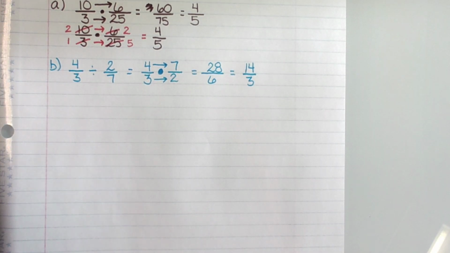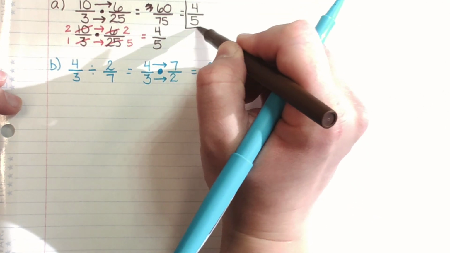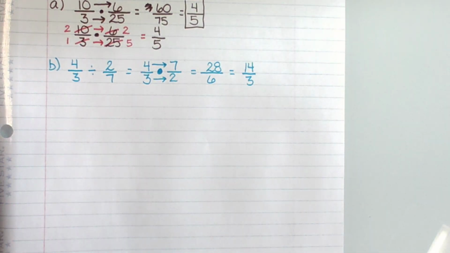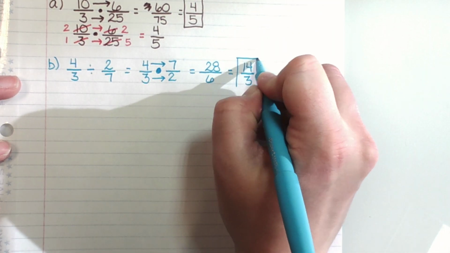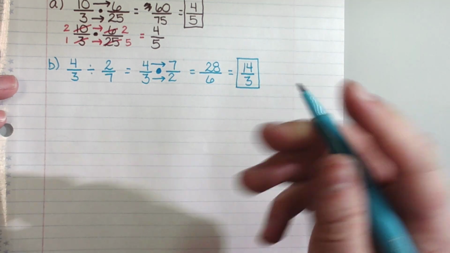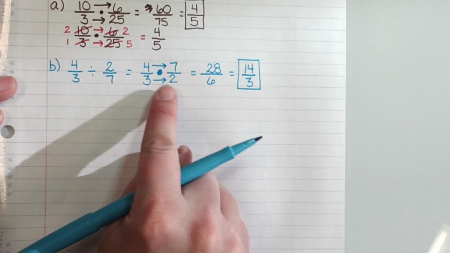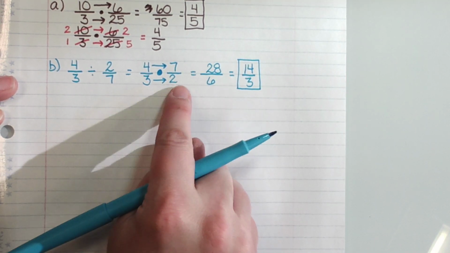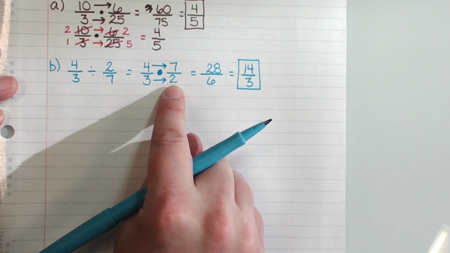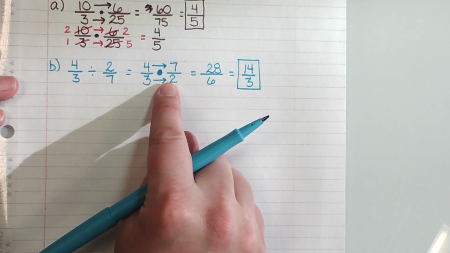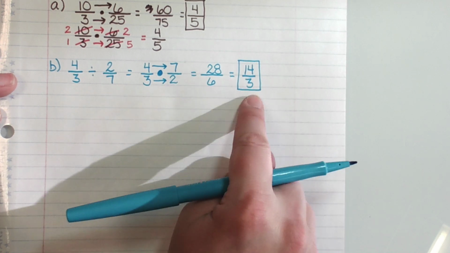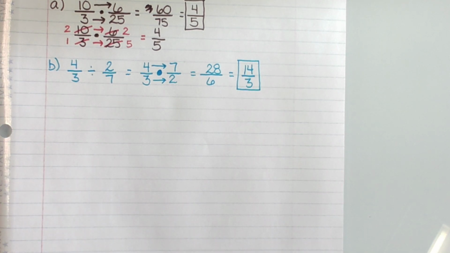Now, if you wanted to divide where you were simplifying before actually doing the multiplication, you cannot do that until you get to the multiply step. In this multiply step, could I have simplified these fractions before multiplying them? Yeah, 4 and 2 both divide by the 2. I would have ended up with 14/3. But you gotta wait till that multiply step to do that.